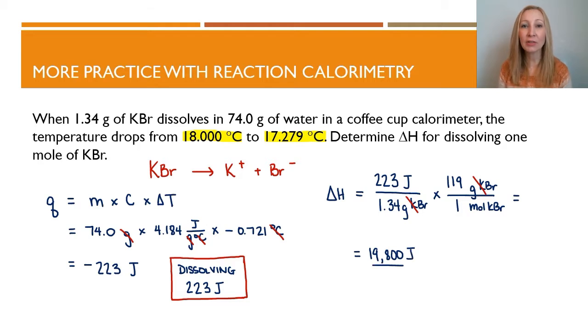And I'm actually going to convert this to kilojoules per mole, so 19.8 kilojoules per mole for my answer for this question. That's the molar heat of solution, 19.8 kilojoules per mole.